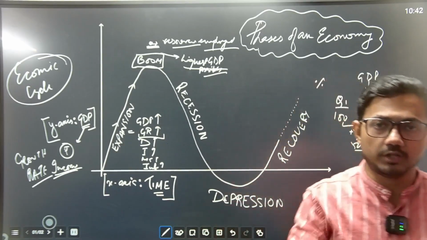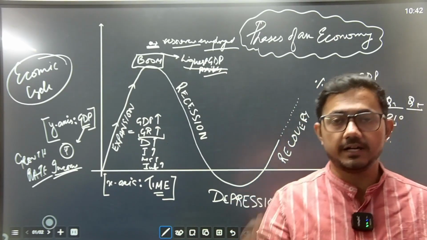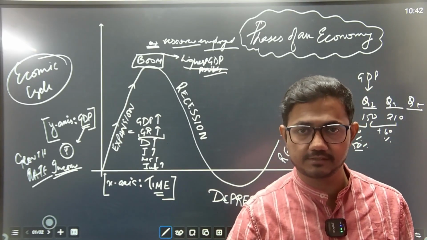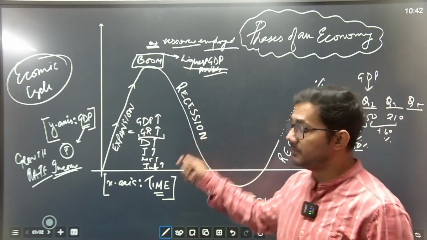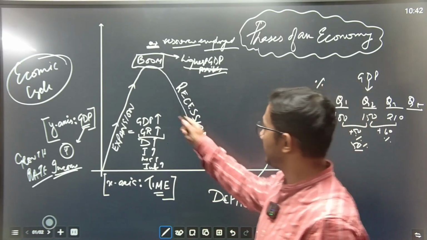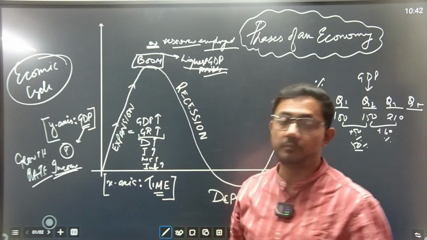In a particular period of 100% employment of resources, including labor, with the highest GDP, that phase is known as the boom period of an economy.